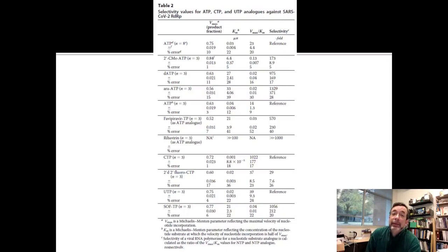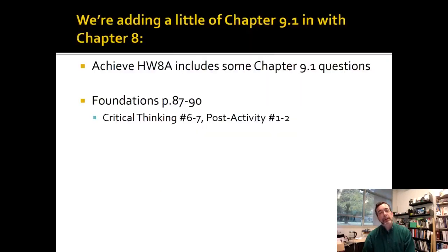This uses enzyme kinetics terms. This is biochemistry. So you can do biochemistry enzyme kinetics with gels, and you'll have some simple homework problems that are like that. They're not going to be as complex as this, but I want to show you that it has a real-life reflection in a really important paper showing how remdesivir works.